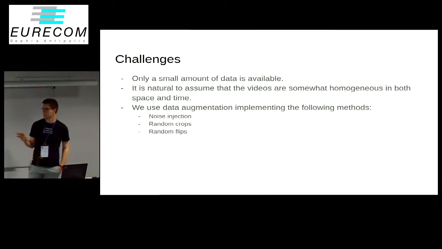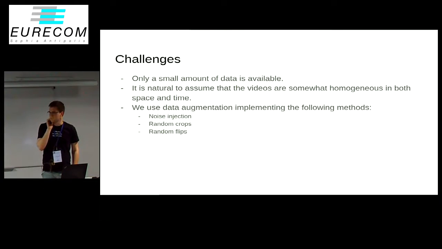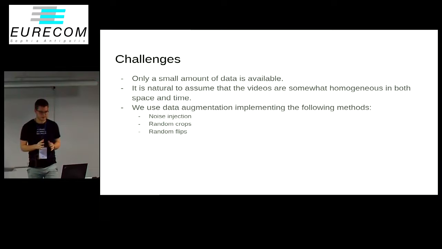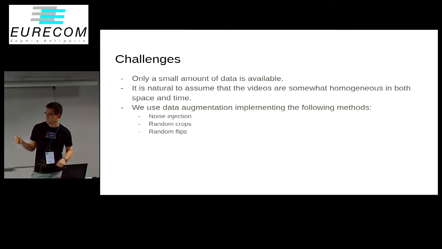Assuming the data is homogeneous, we can do some data augmentation, primarily cropping the video. So we randomly choose small sections of the video, and also do some noise injection and flips.